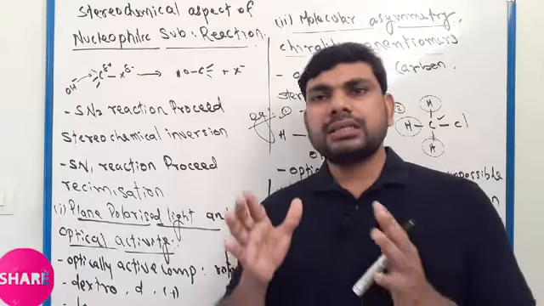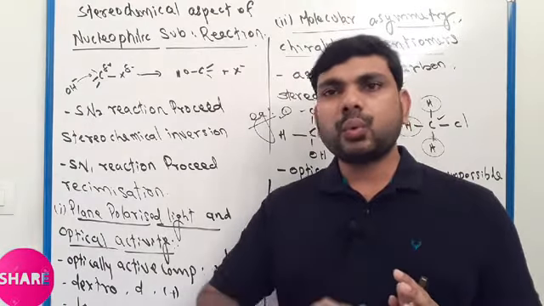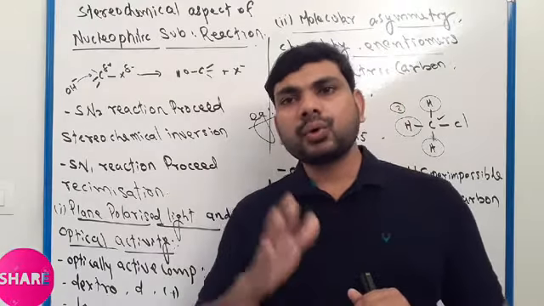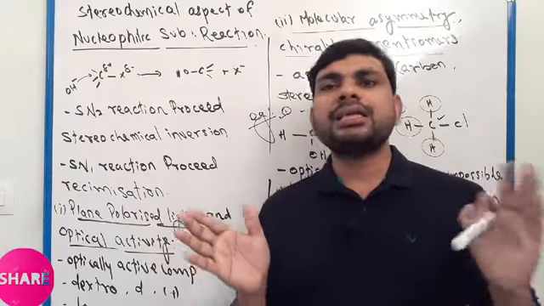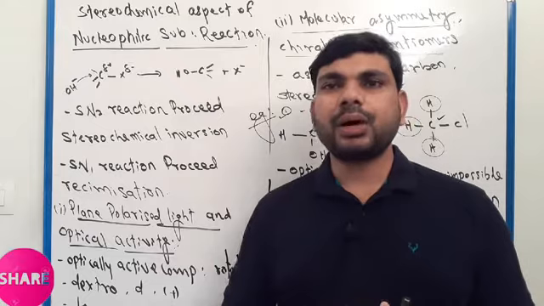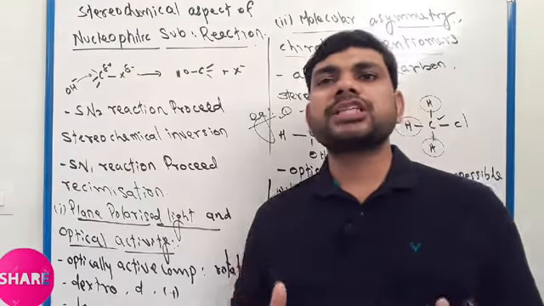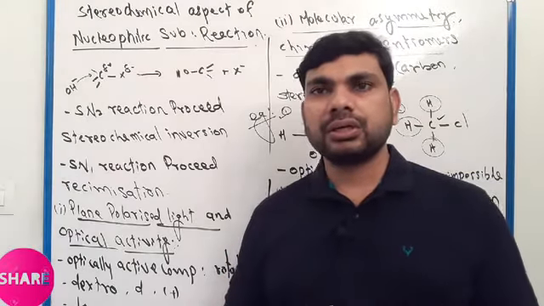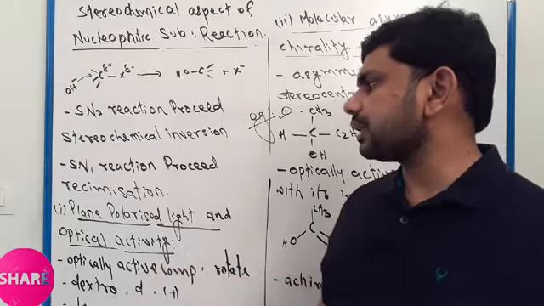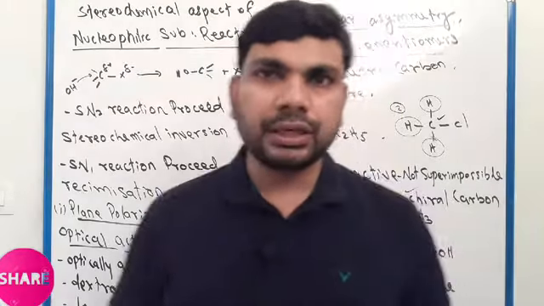The D isomer rotates clockwise and the L isomer anti-clockwise, in equal extent. That's why the net rotation cancels out. You understand? So these are the things you have to understand about plane polarized light and optical activity.